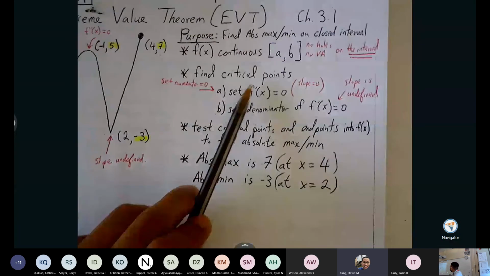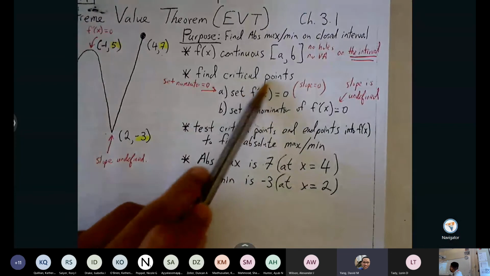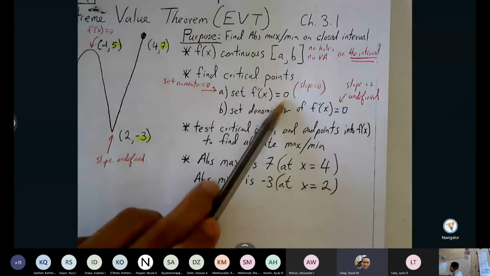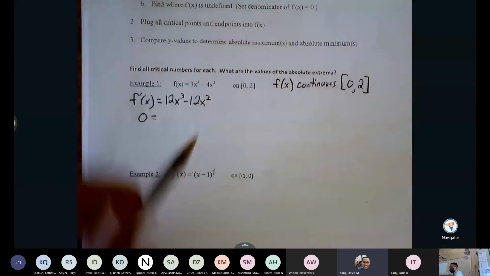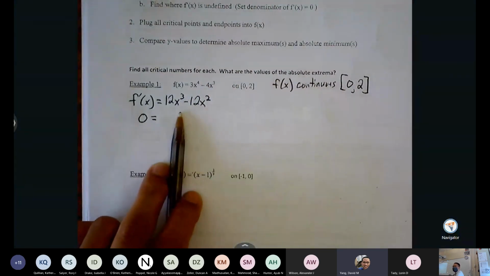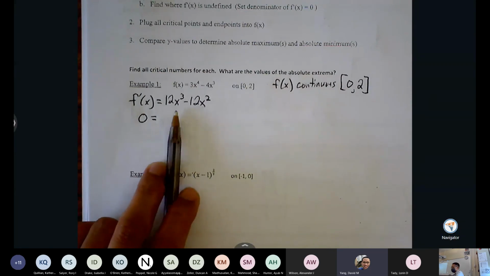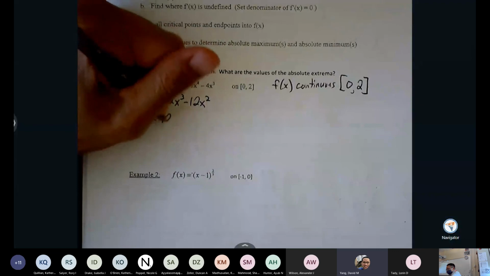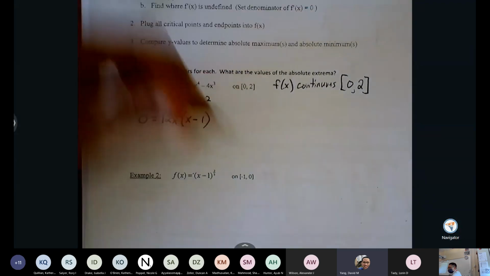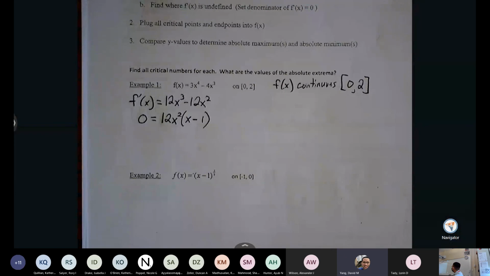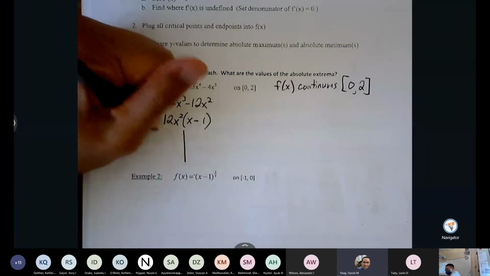We're going to set our derivative equal to 0 and solve for x. I can factor this out, right? What's the GCF that I can take out? 12x squared. Okay. I can take out the 12, and I can take out x squared, and then factor the rest. I can set both parts equal to 0 and look for critical points that way.